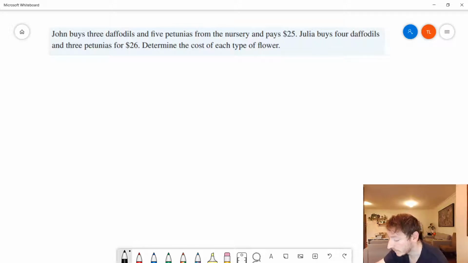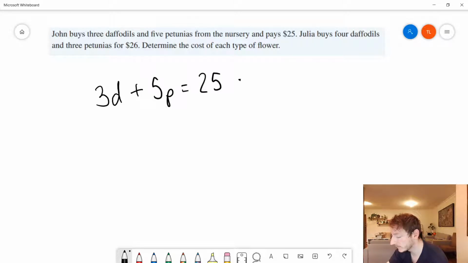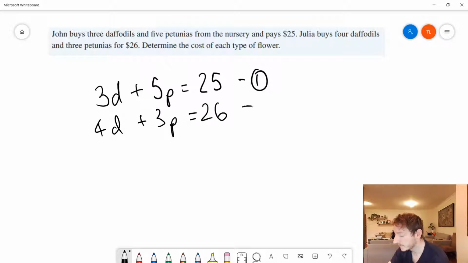So John buys 3 daffodils and 5 petunias, and it costs him $25. Equation 1. Julia buys 4 daffodils and 3 petunias for $26. Now we need to find the cost of each one.